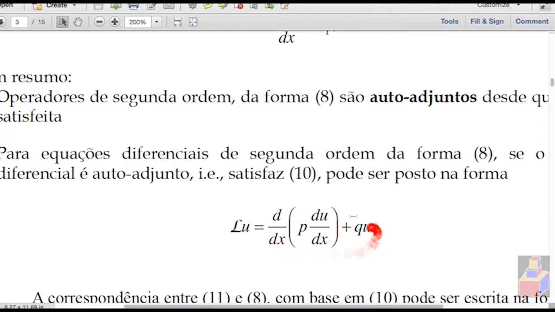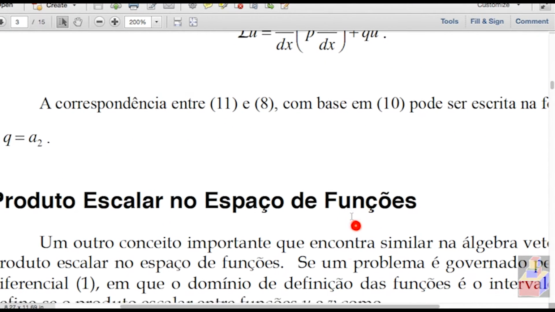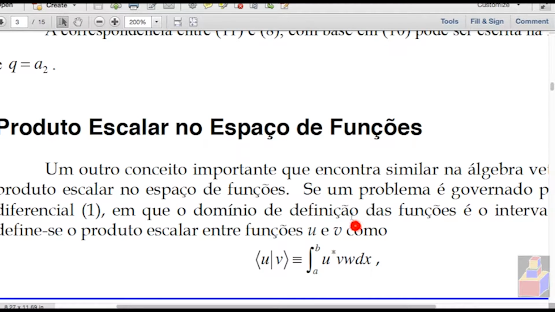So you can always write it like this, in compact form. So this is very useful in understanding the several differential equations that we work with in engineering problems and physics problems. Okay, let's go on with some concepts.